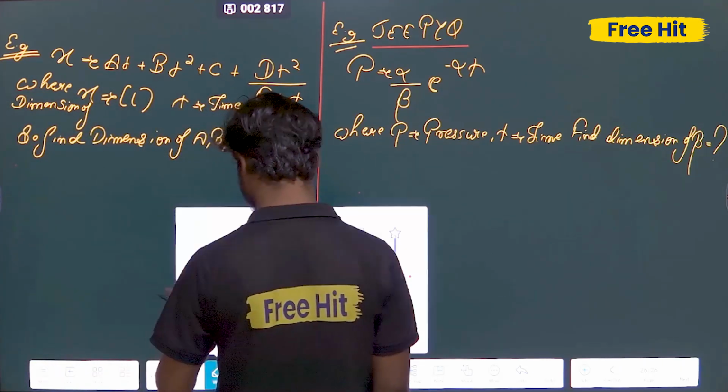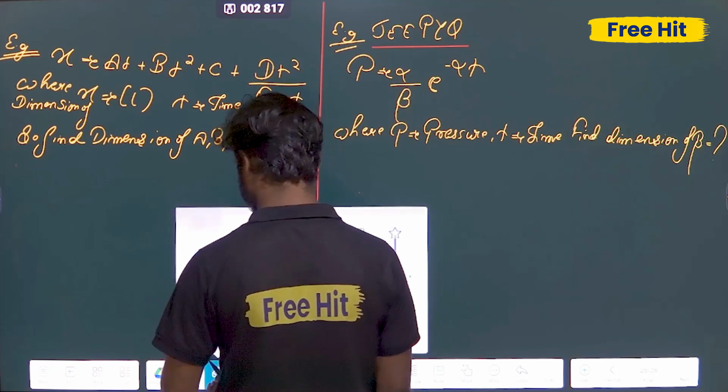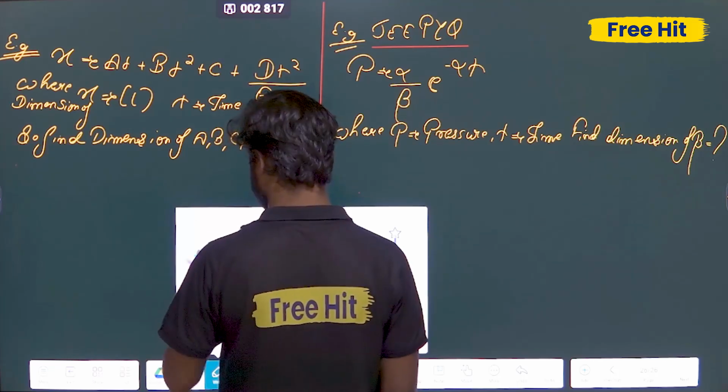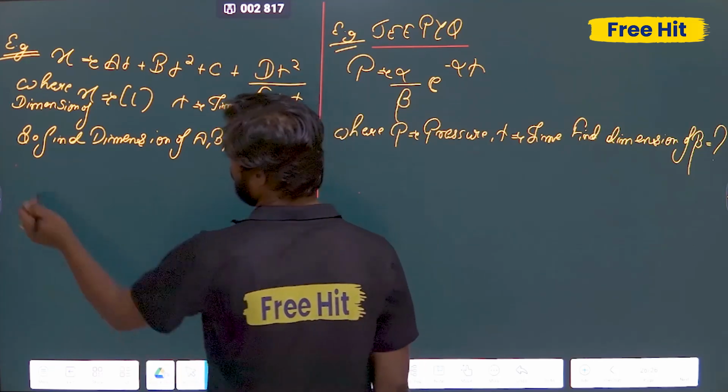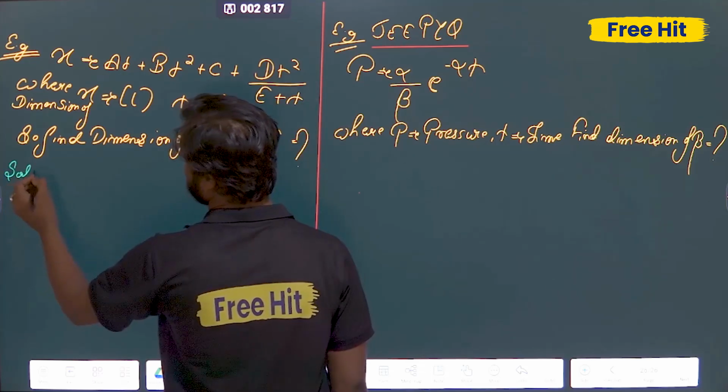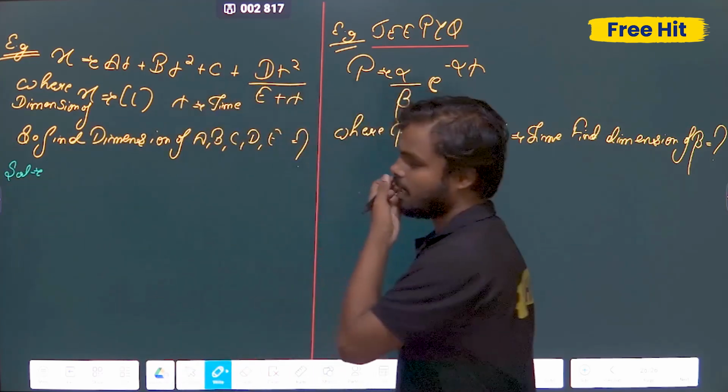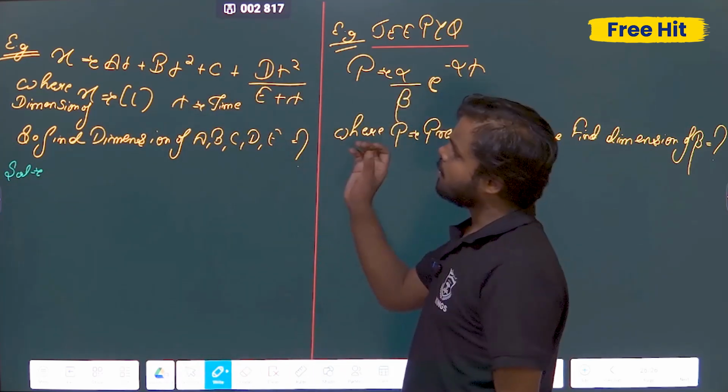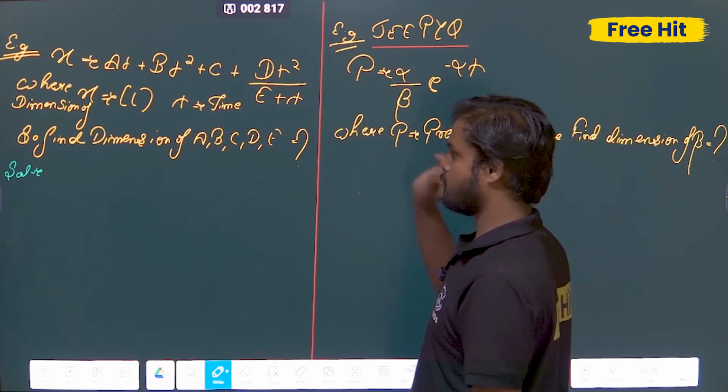So if we see the first question, in first question what did it ask? It asked the dimension of A, B, C, D, and as I told you, whatever quantities are added, they should have equal dimension.